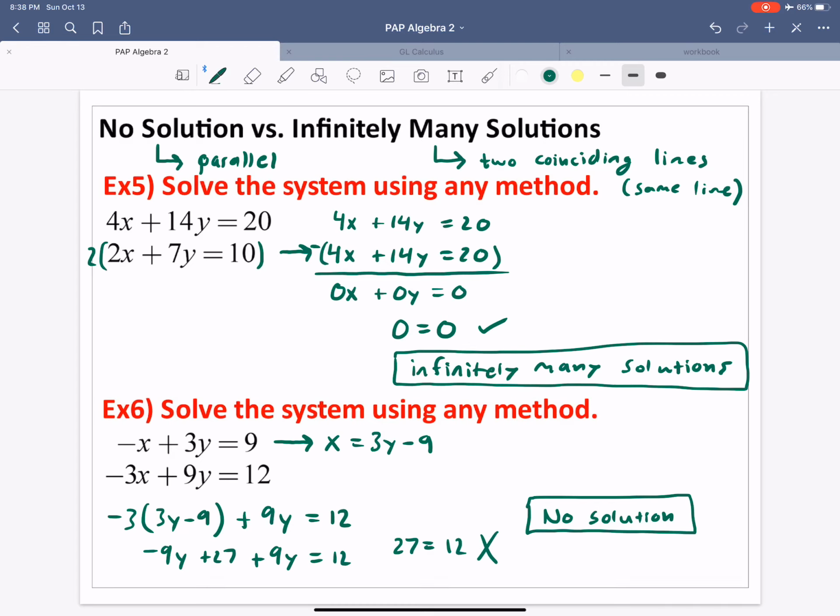And then we have two special cases that we just talked about. When you get 0 equals 0, that means all the variables cancel out, and you're left with 0 equals 0. You make the conclusion that it's infinitely many solutions. And if you get both variables to cancel out and you don't get a true statement, you don't get 0 equals 0, you get a number that equals a different number, it's not true, you make the conclusion that you have no solution.